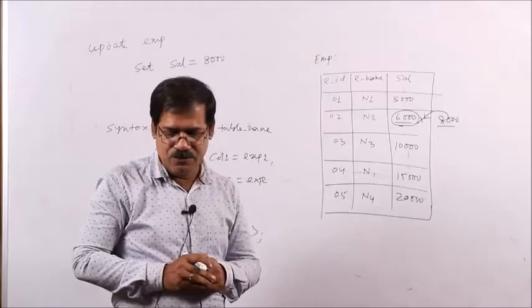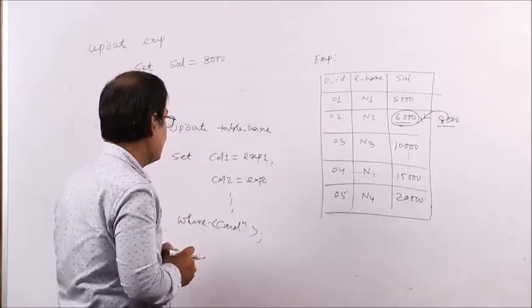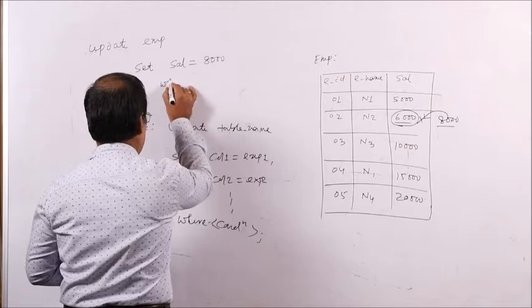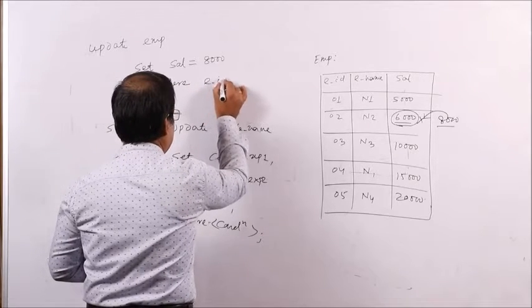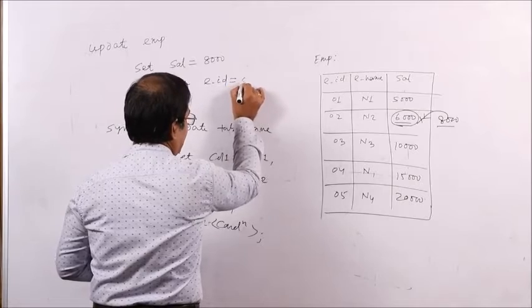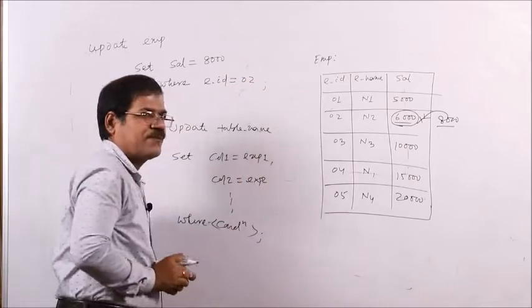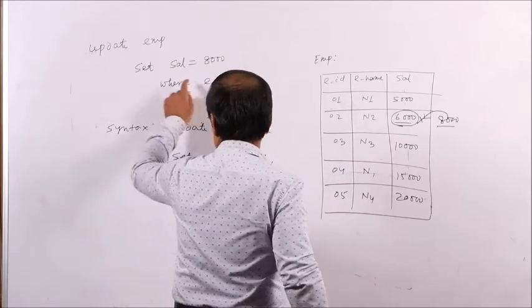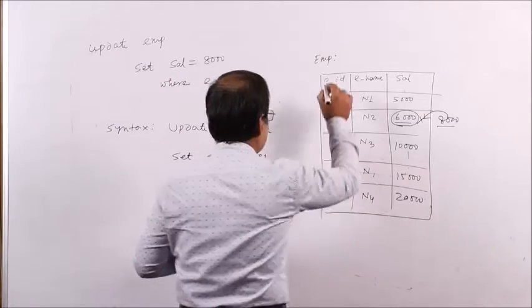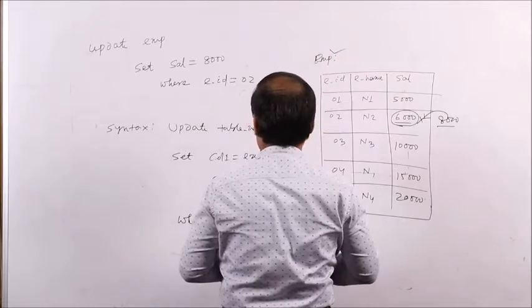What is your condition? In which place will this 8,000 be? Your condition is where employee ID is equal to 02. That means where employee ID is equal to 02. So, update the employee table. This is the employee table here.